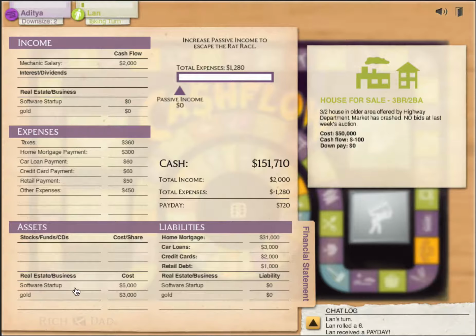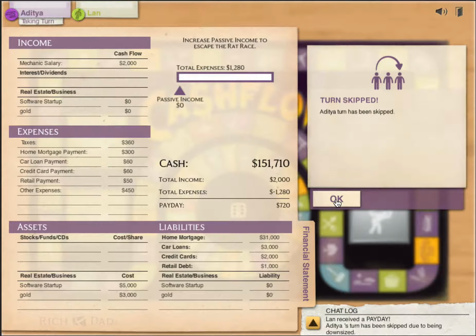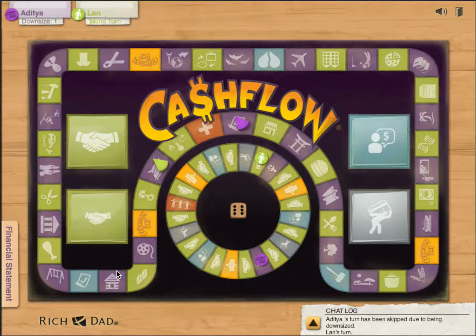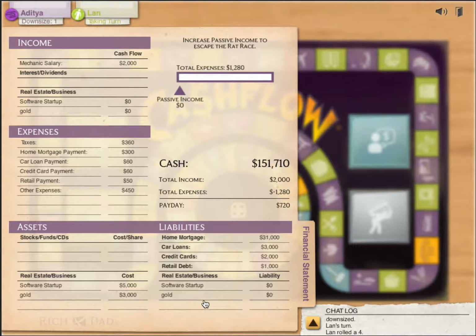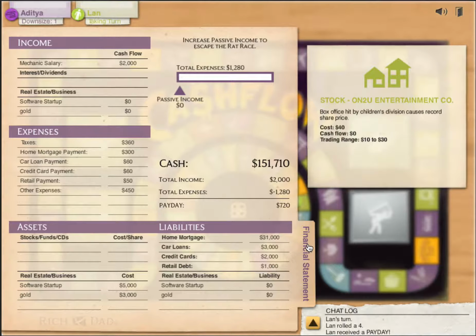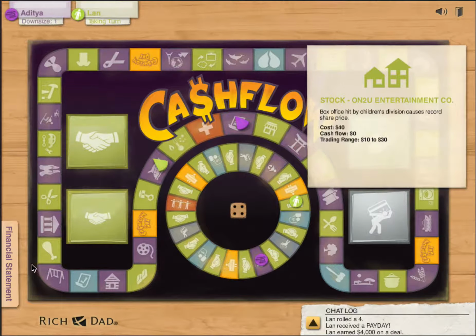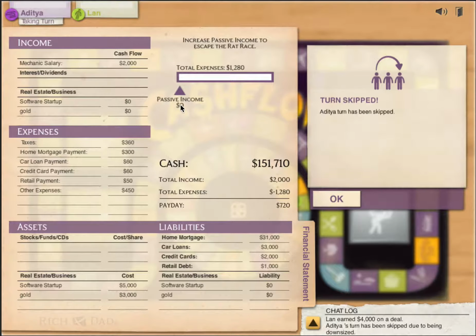We now have some business and some gold, which isn't that meaningful. But it doesn't matter, our turn is skipped. We can pay off all these loans, but like I said, we don't really want to. In fact, when we go on this outer circle of being rich here, we are going to actually want more passive income than just this 1,280.